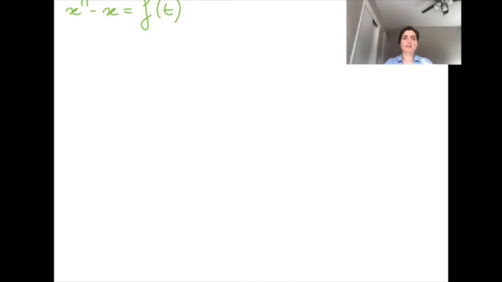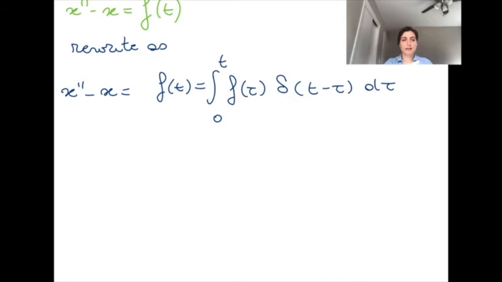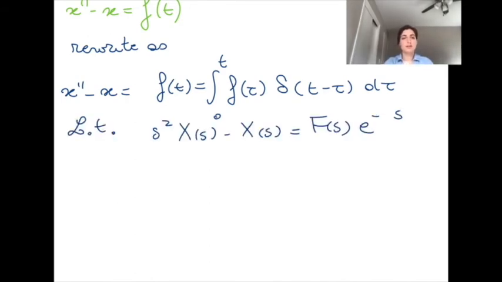Let's look at a general function on the right hand side. We rewrite this f(t) as the integral from 0 to t of the convolution of f and delta. I encourage you to test out the fact that indeed this equation is right. And if this is the case, then when we do the Laplace transform of the convolution, remember, it is the product of the two Laplace transforms.